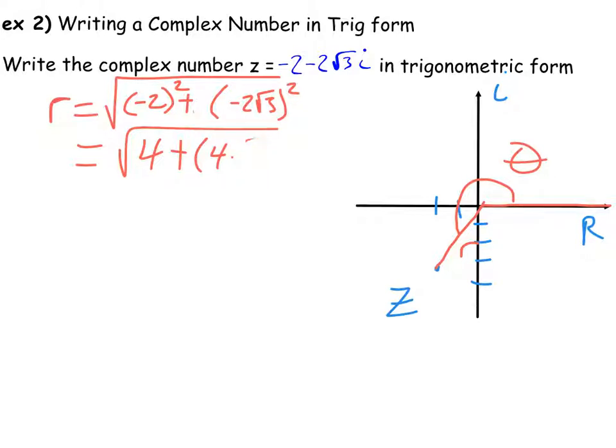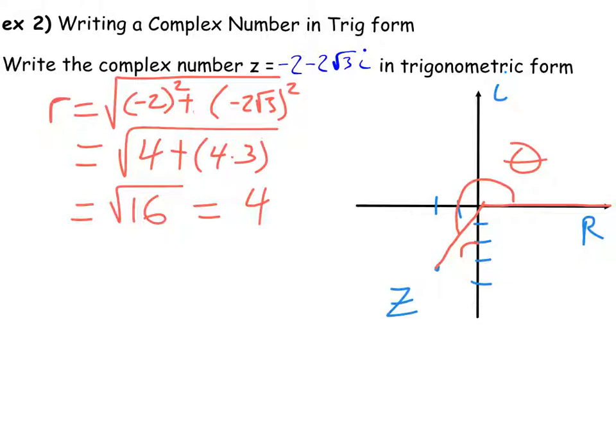That square root would cancel with the squared. That would be 12 plus 4, or 16. Square root of 16 is 4. And there's r.